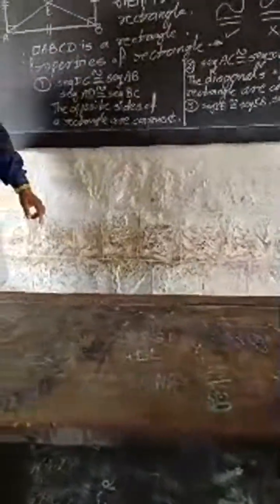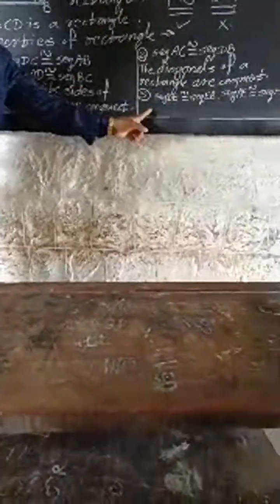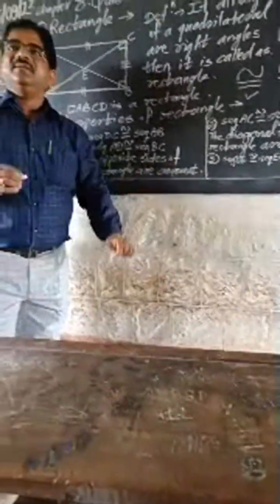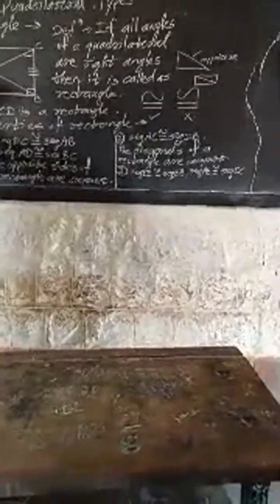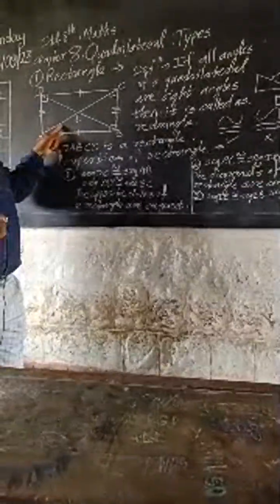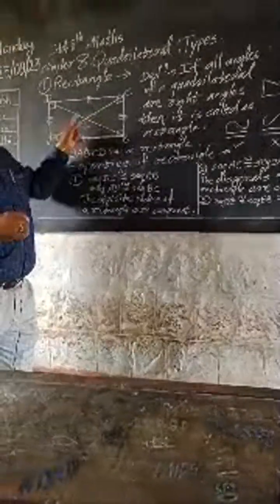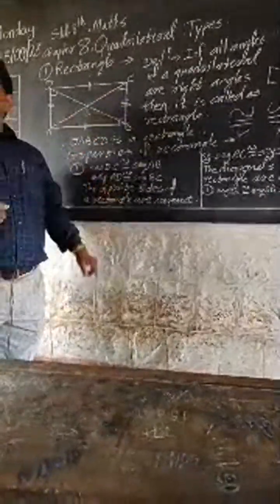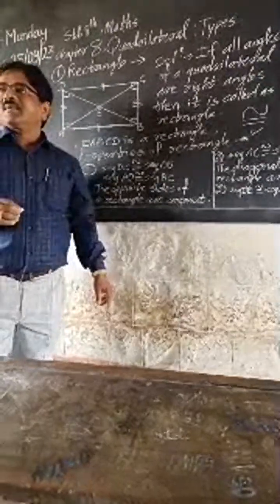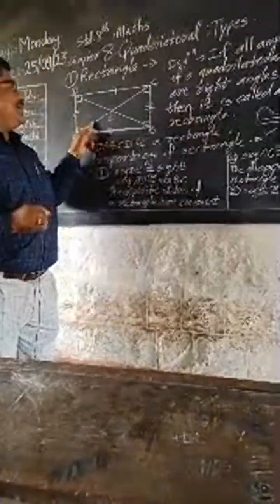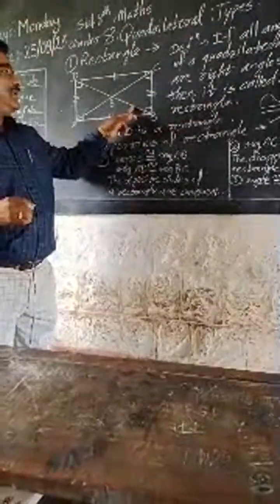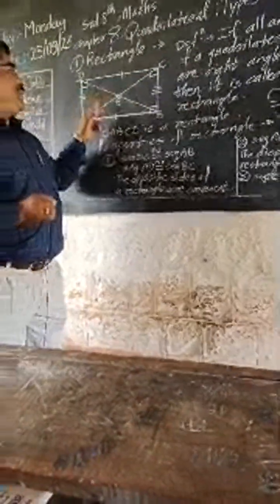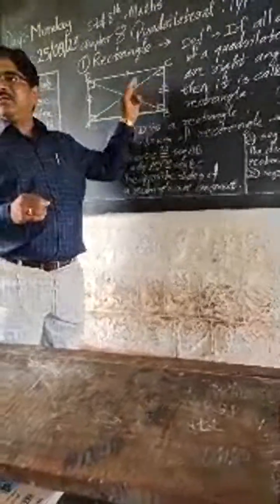And we can write the conclusion here. Who tells the conclusion? Both diagonals make equal parts: the first diagonal makes equal parts of the second diagonal, and the second diagonal makes equal parts of the first diagonal.